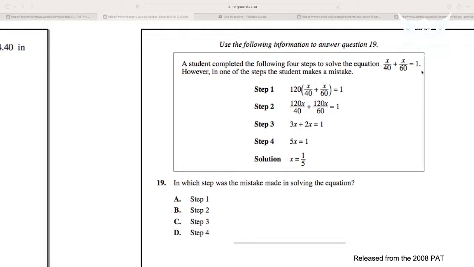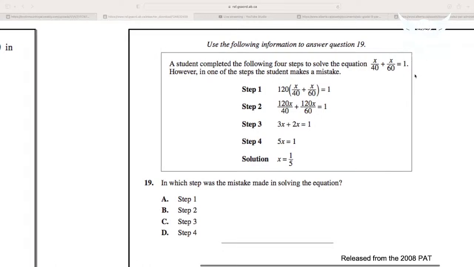Okay, a student completes the following 4 steps to solve the equation x over 40 plus x over 60 equals 1. However, in one of the steps, the student makes a mistake. Okay, so what do we see in the first step?